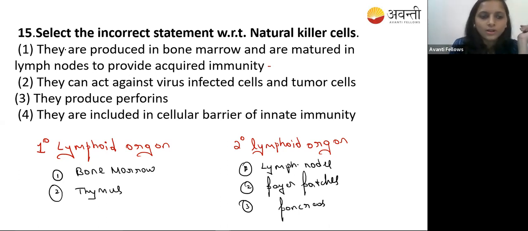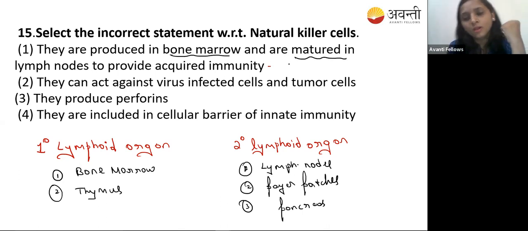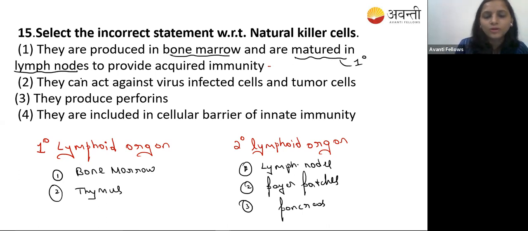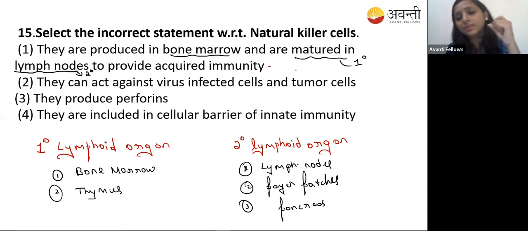So here what they are telling is that these are produced in the bone marrow. Yes, the production happens, and maturation will also happen in the primary lymphoid organ only. Maturation will not happen in the lymph node. Lymph node is nothing but the secondary lymphoid organ, right? So the maturation will happen in the primary lymphoid organ only, not in the secondary lymphoid organ.